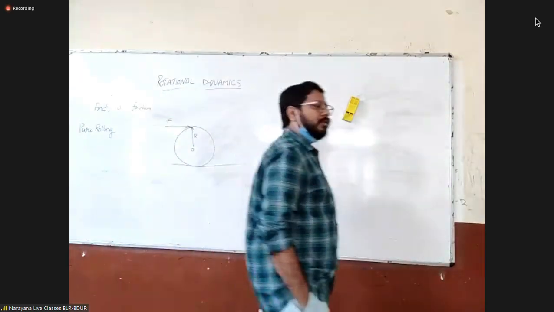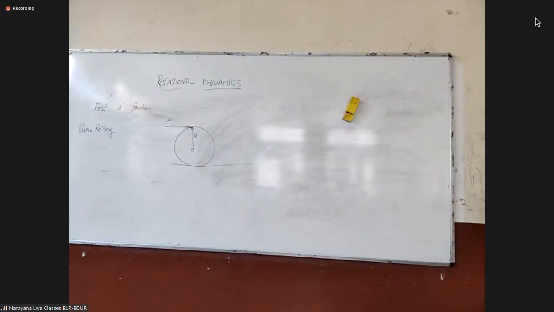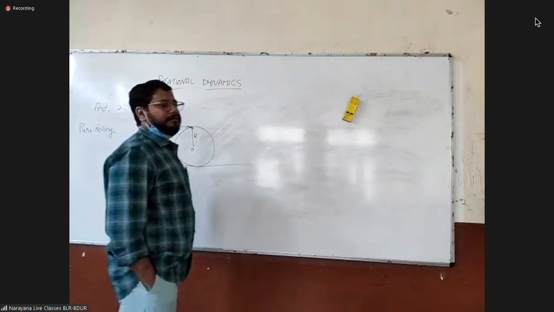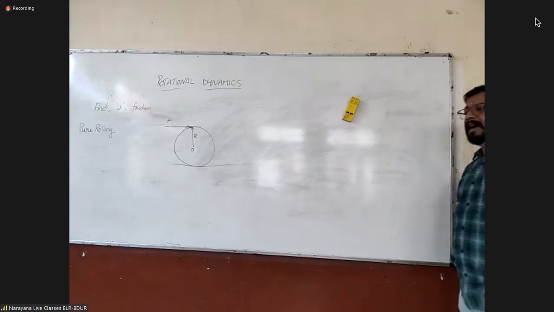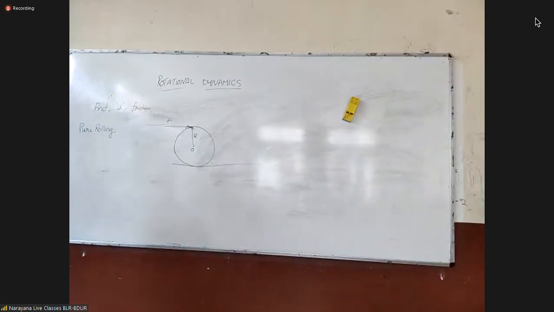A horizontal force F is applied as shown in the figure. Find the acceleration and the friction acting on the body.